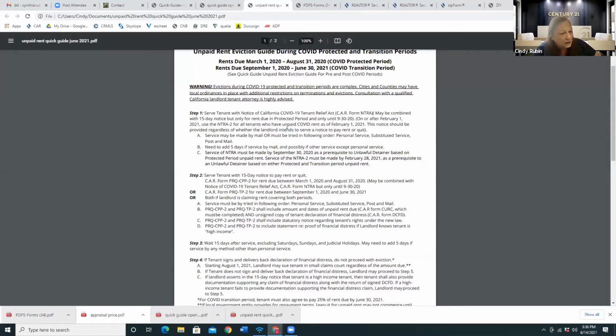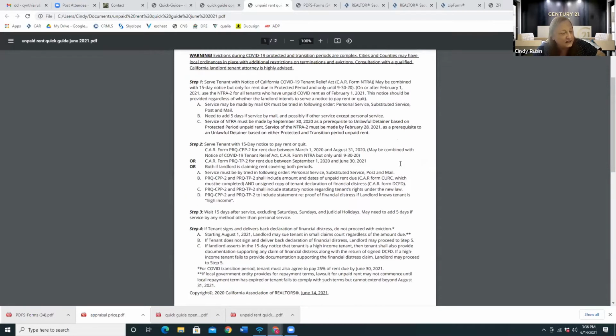Okay, so it's the NTRA 2 that you use to send to the tenant. The NTRA was the form that came out a long time ago that we were supposed to give to people whose properties were not in the Rent Control Act that came out in January of 2020.